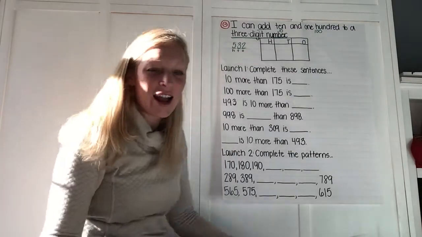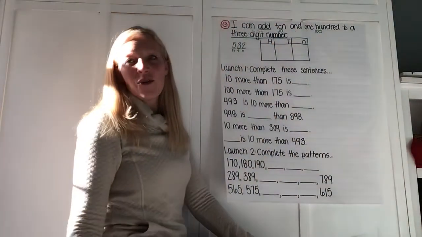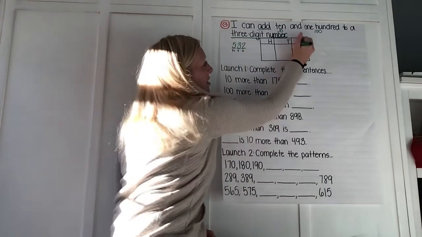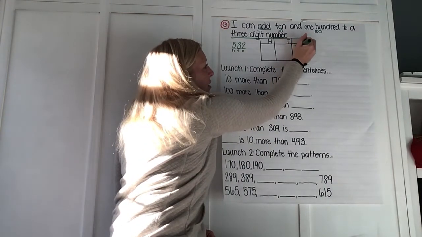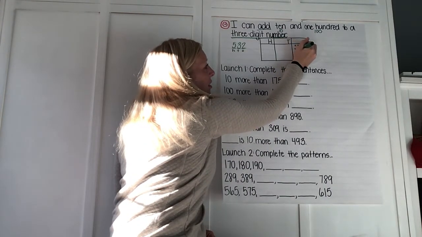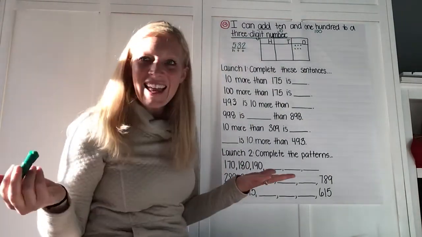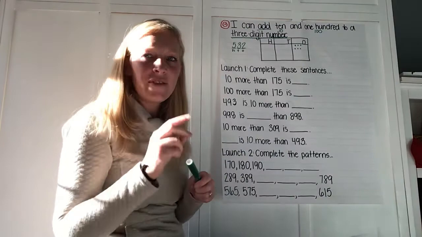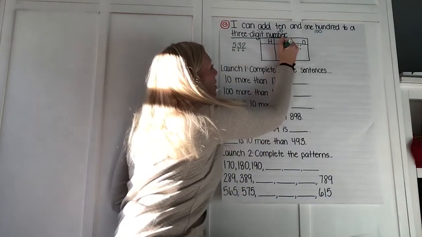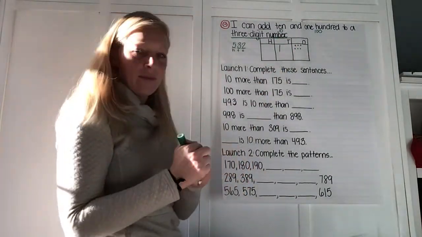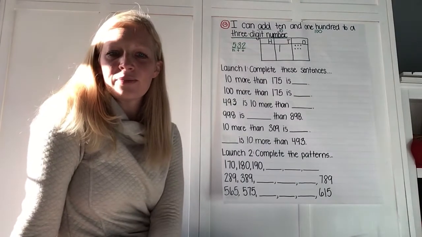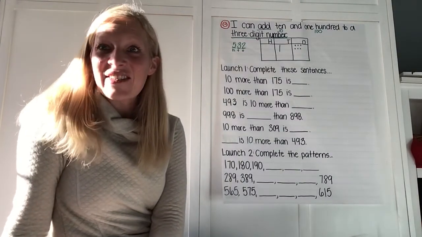Let's go ahead and start out our little hook. We're going to see if we can do some work with these numbers. So what if I draw those ones? How many do I have? I have 6. Now what if I was to add this? Now what do I have? I have 16.